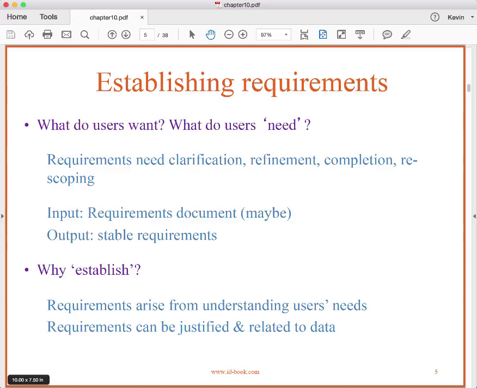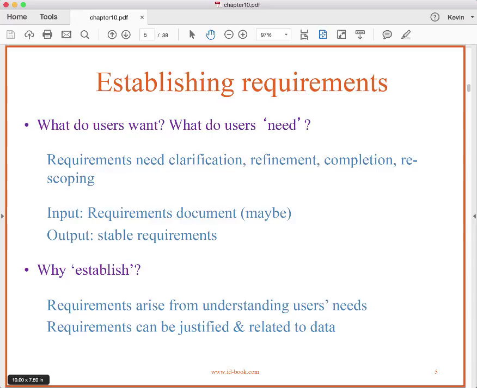Why do we want to say that we're going to establish the requirements? Well, I think we want to be somewhat scientific here, right? We did talk a lot about data gathering and data analysis. We would like to get away from just opinion, okay?